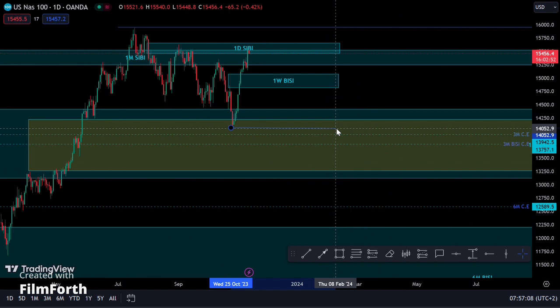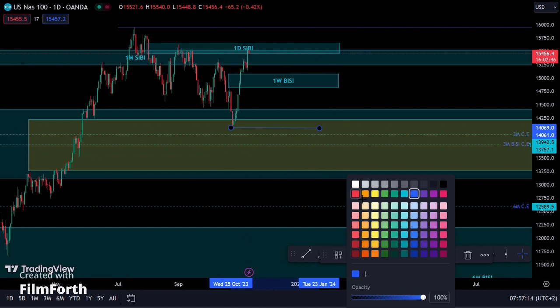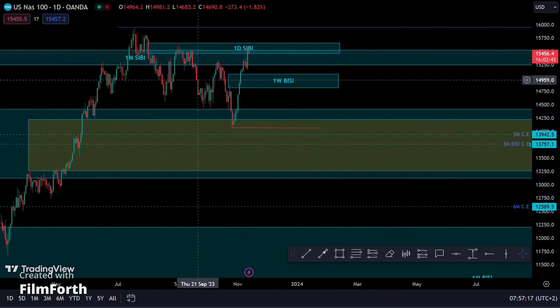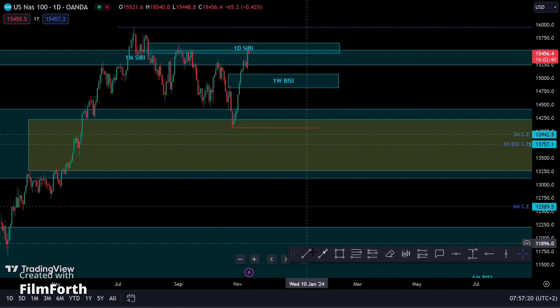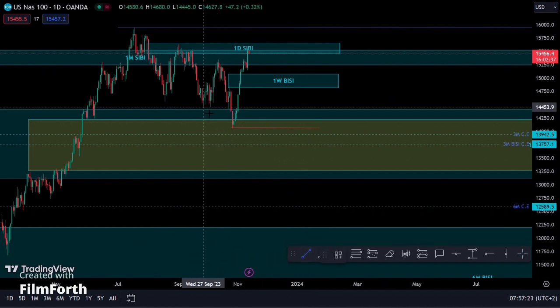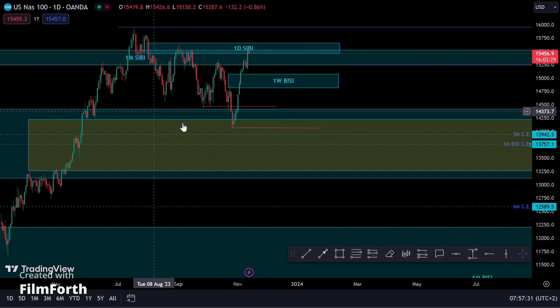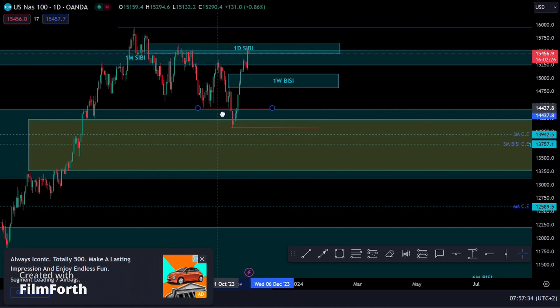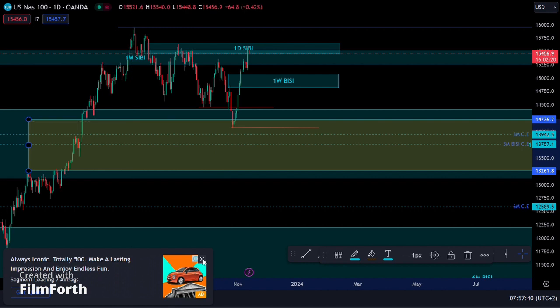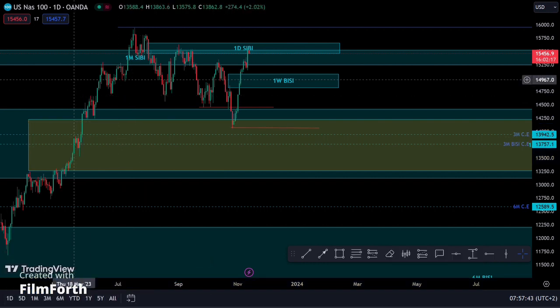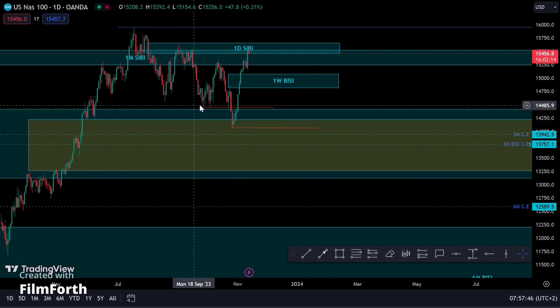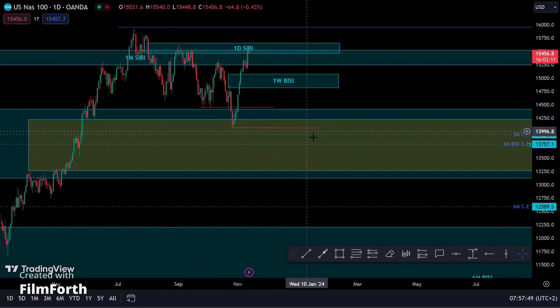Here's another low here that we broke. Sorry guys for these ads. Right. This low broken. Okay, here's our initial low.